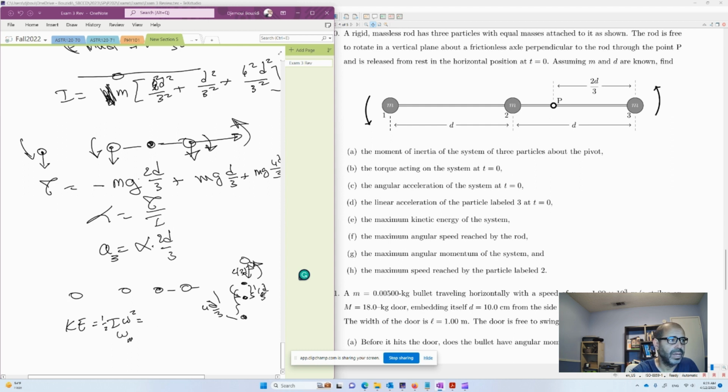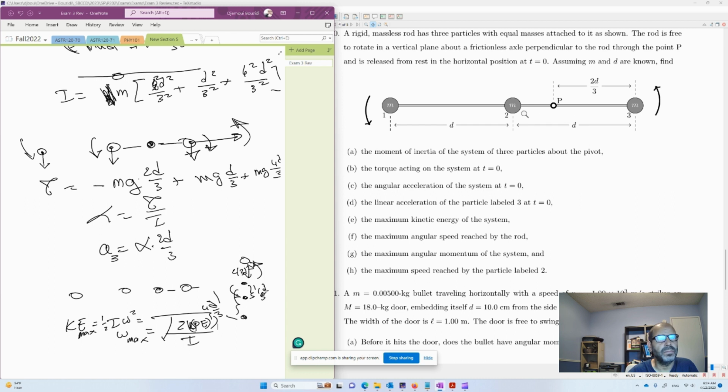Once you do that, you can find omega max, because this should be KE max when it's in this configuration. So omega max is the square root of 2 times that change in potential energy, delta PE, divided by I, and then the square root because it was omega squared max.